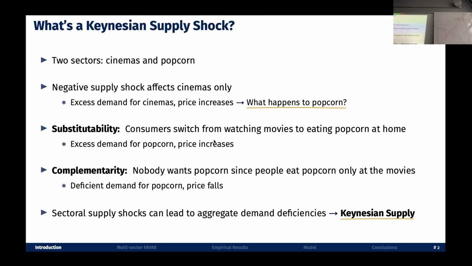And the reason why we call these Keynesian supply shocks is because of some guys who came up with the term Keynesian supply shocks. It's a quite influential paper by Guerrieri, Lorenzoni, Straub and Werning, people from Northwestern, MIT, and where else?